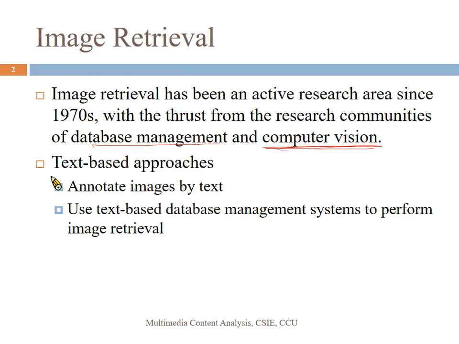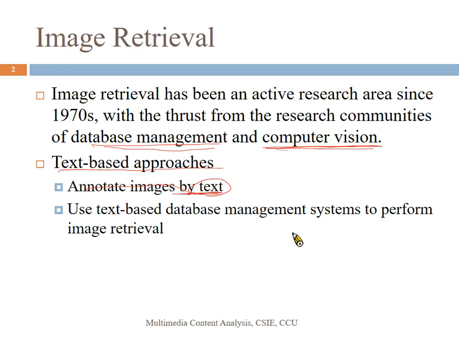And at first, a text-based approach was proposed because it originated from the database management system. In the text-based approach, they first hire users to annotate images by text, and then they store this text data in the database management system.